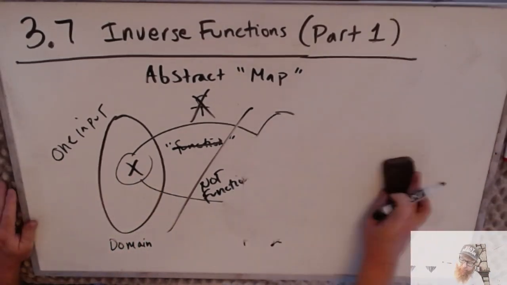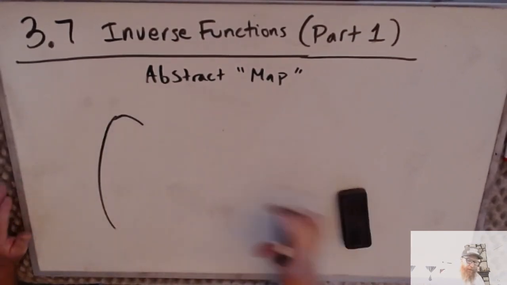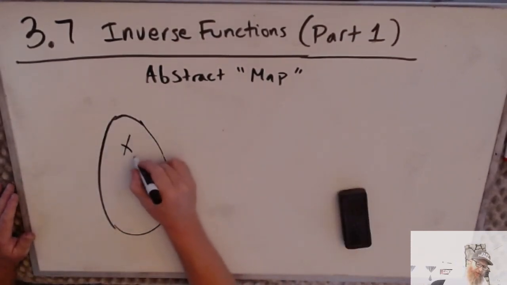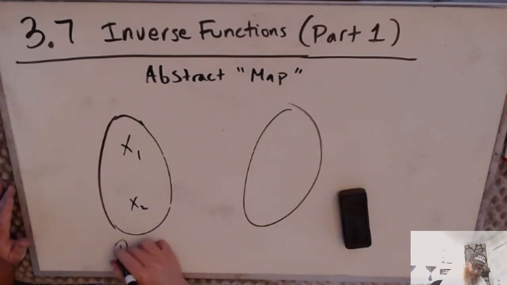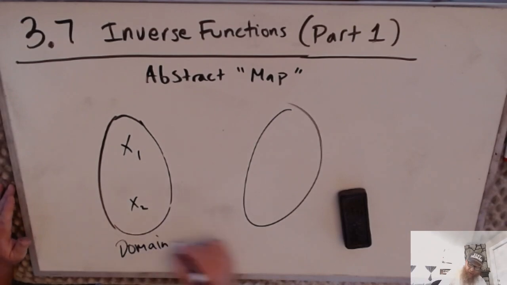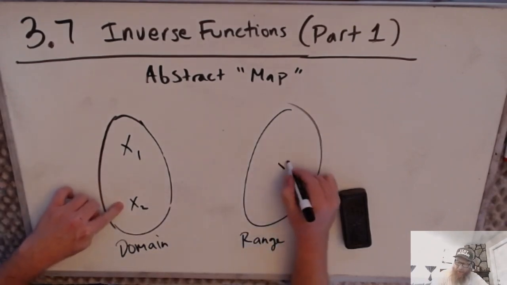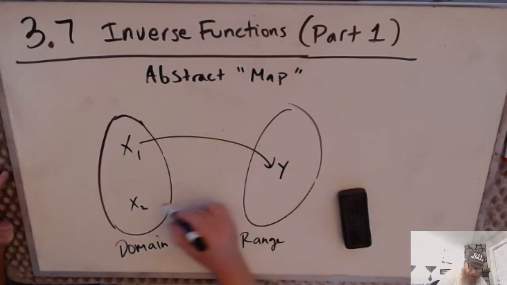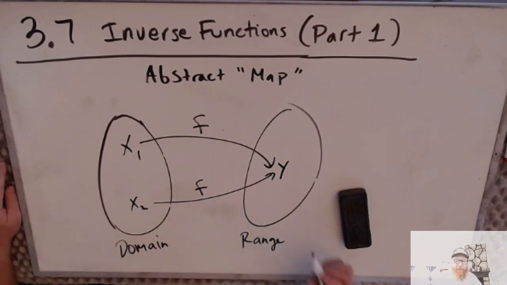However, it is okay to have two different x's get sent to the same y value. That's okay. This is a function.